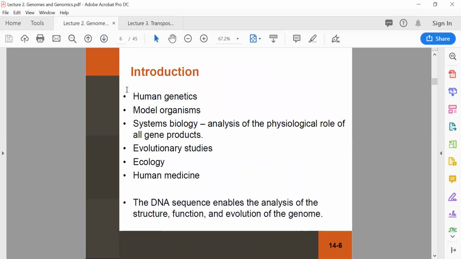And these are just some examples here. So in the area of human genetics, the field of genomics can provide new ways to locate genes, for example, that contribute to genetic disease.